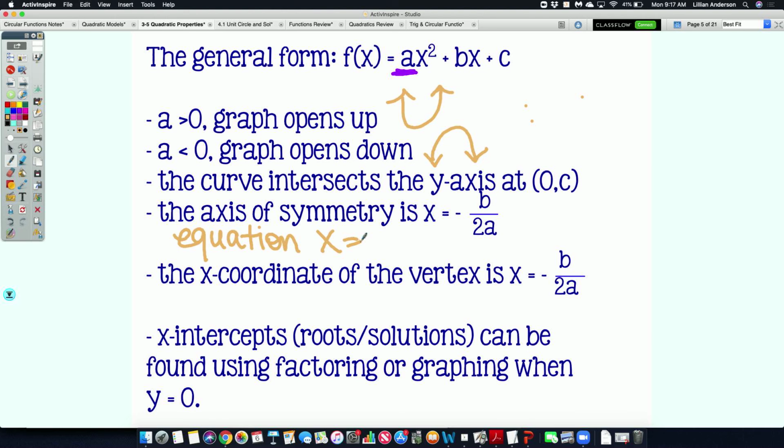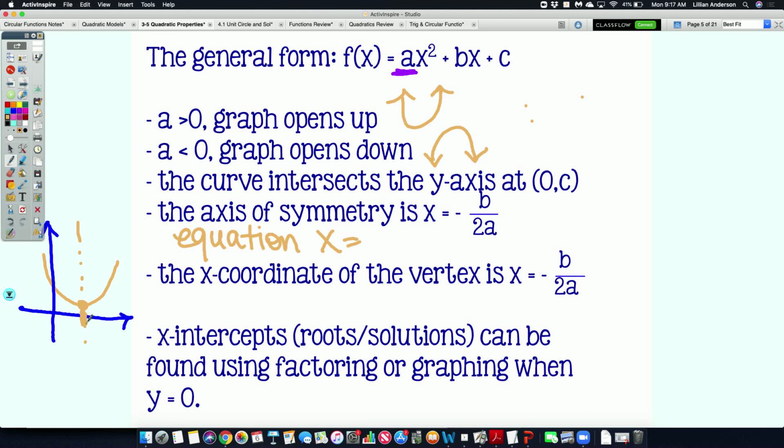Reason why is, again, that line is going straight through the vertex. On an xy plane, that axis of symmetry is going through the x-axis, so whatever that value is, that is the x-coordinate of your vertex.